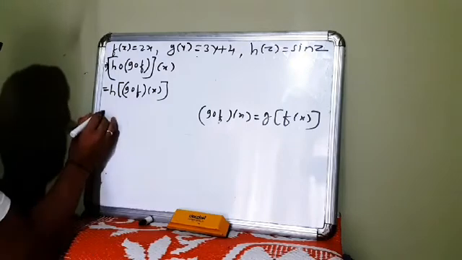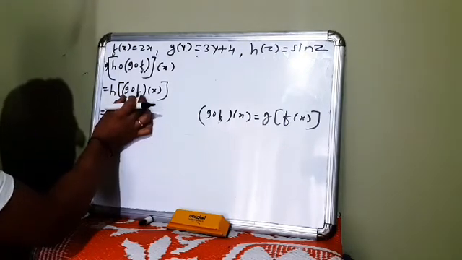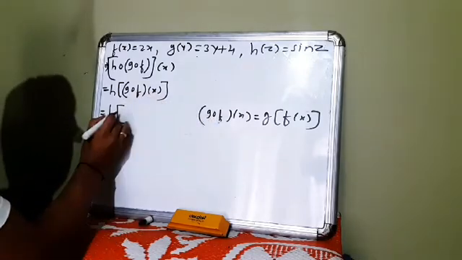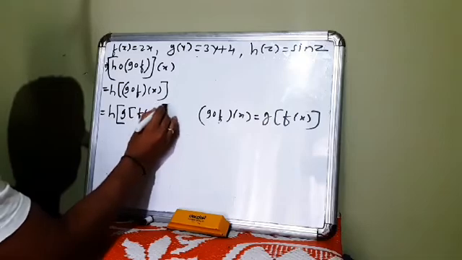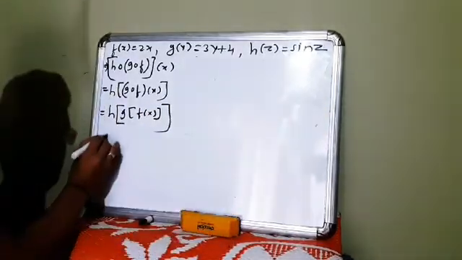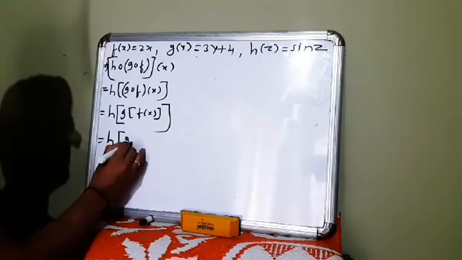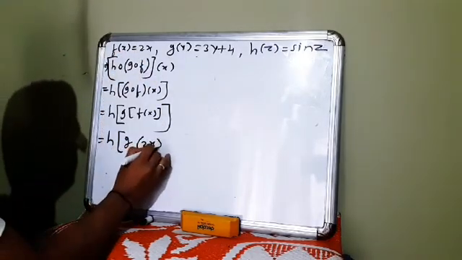Now again here, h as it is, and inside the bracket this is again G composition f of x. Simple definition. Again you can use G of f of x. Now h as it is, g as it is. What is f of x? 2x.